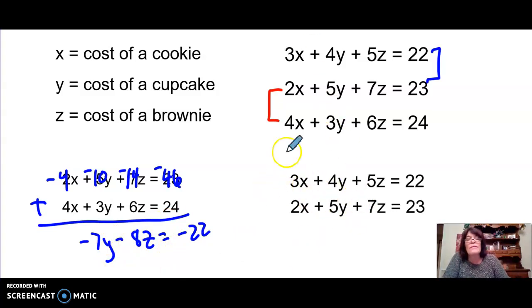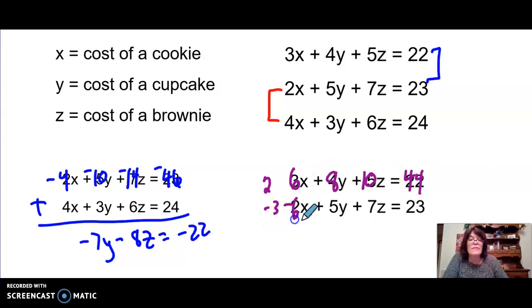To get rid of the x's here, I'll multiply this bottom one by -3, and the top one by +2. Okay, that'll give me 6x, 8y, 10z, 44.